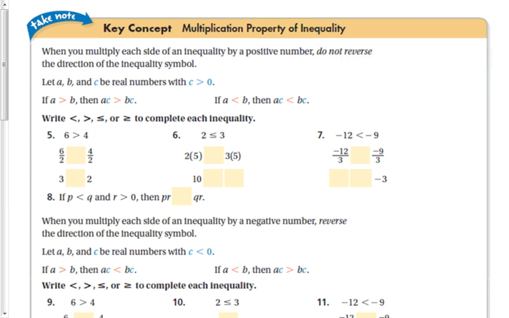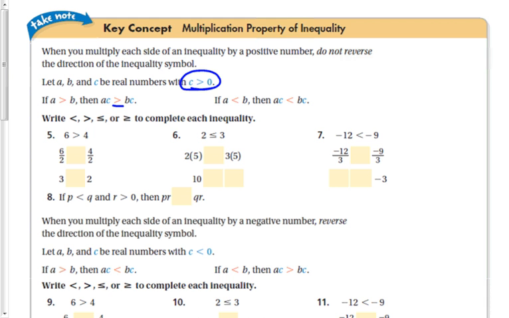And that concept is right here. As long as you're multiplying both sides by a positive number, the inequality symbol stays the same. If C is greater than 0, a positive number, and you start out with A greater than B, then A times C will be greater than B times C. But if C is less than 0, the opposite is true.